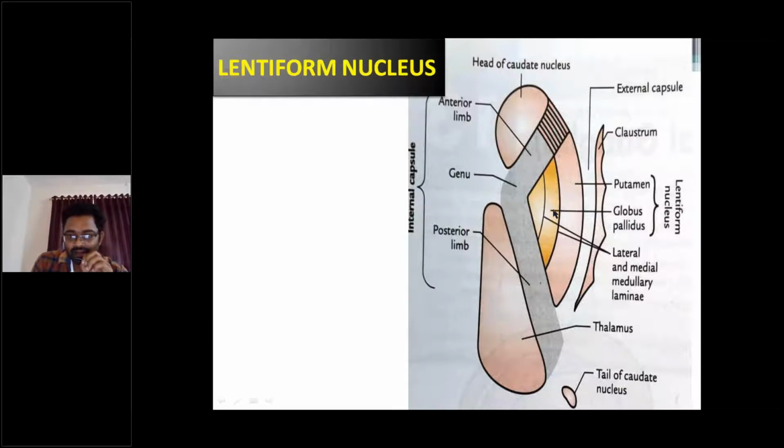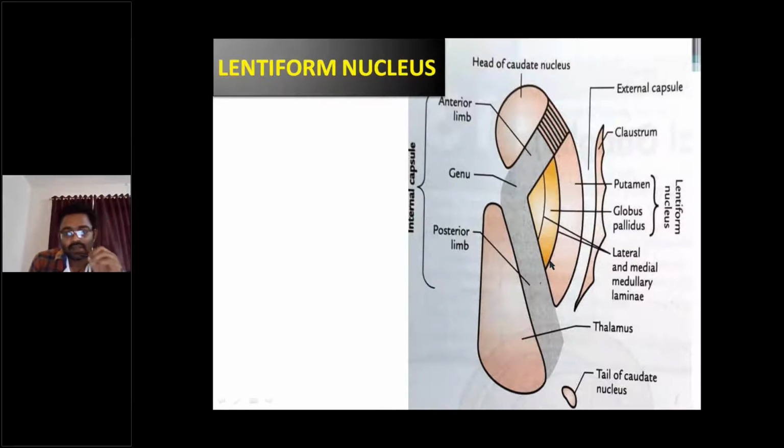The globus pallidus is further divided by the medial medullary lamina into outer and inner parts. This is the external medullary lamina, otherwise called the lateral medullary lamina. This is the medial medullary lamina.